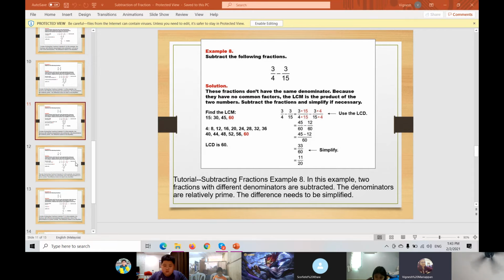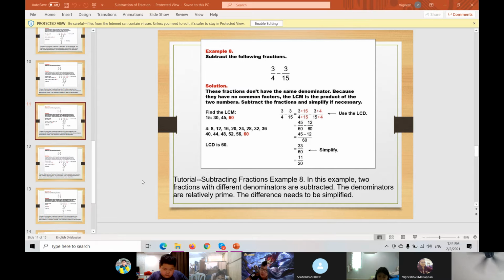Chris, can you please explain? Yes, teacher. Thank you. Explain, and later explain again to her. 4 times 15, the denominator is 60.